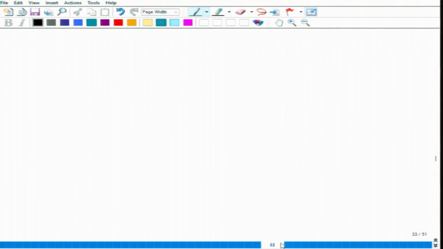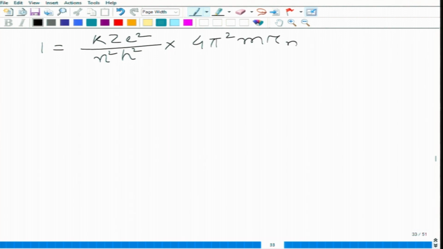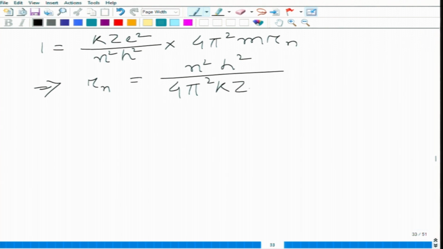So we get 1 equal to k Z square by n square h square into 4 pi square mRn. So we get the expression of Rn as n square h square by 4 pi square k Z square m.